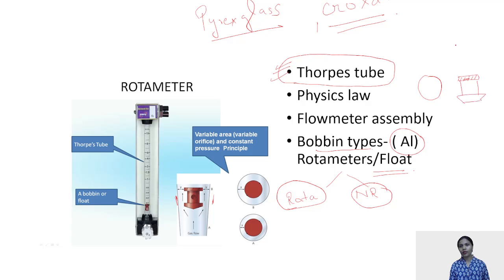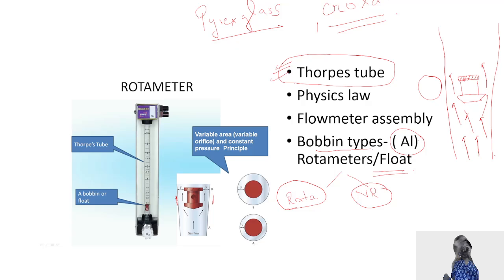If this is the tube, this is the air which is going from downwards. This air helps in movement of these bobbins using these flutes. I hope you can picturize it. There are flutes present on the upper rim of the bobbin. As soon as the air goes, it is going to move your bobbin.